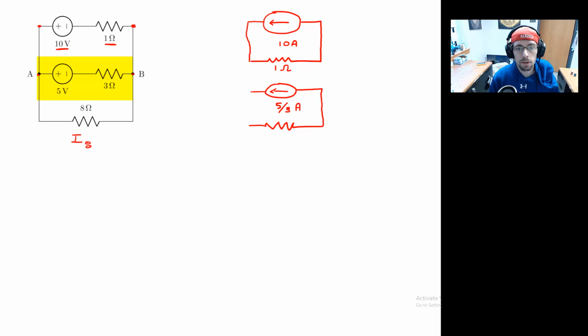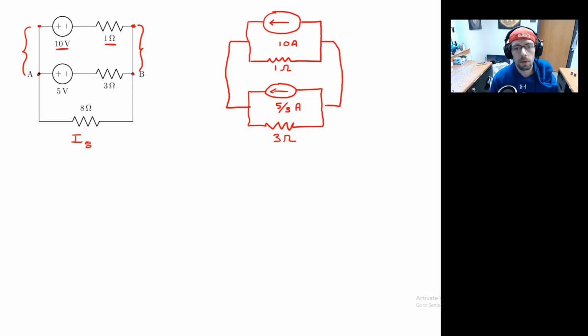So I'll go ahead and put those two in parallel here, and I have my 3 ohm resistor. Now I haven't connected those two, but don't forget we haven't done anything to these wires on the edges here. So I should have a wire that connects the high and low sides of both of those as such. And of course, at the end of the day, I also have my 8 ohm resistor down here at the bottom.